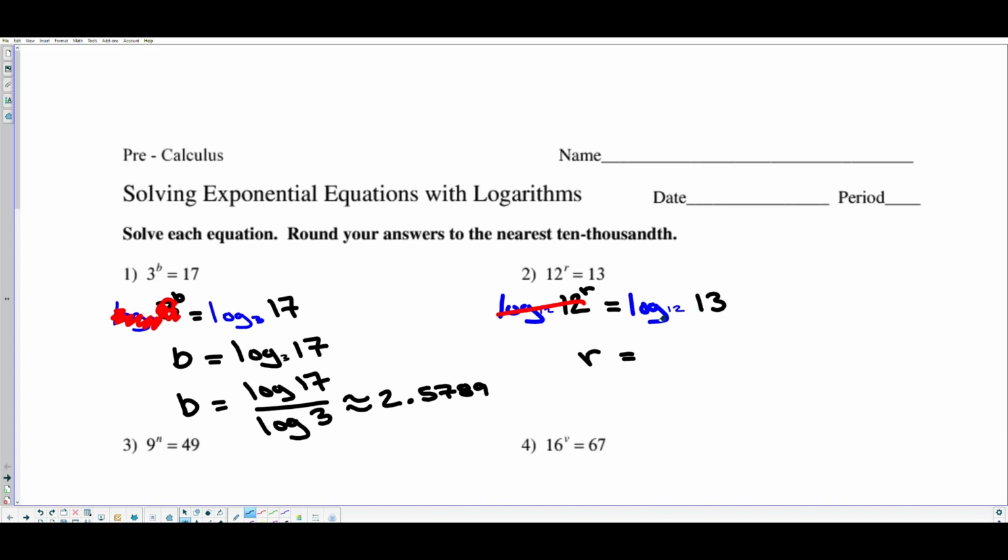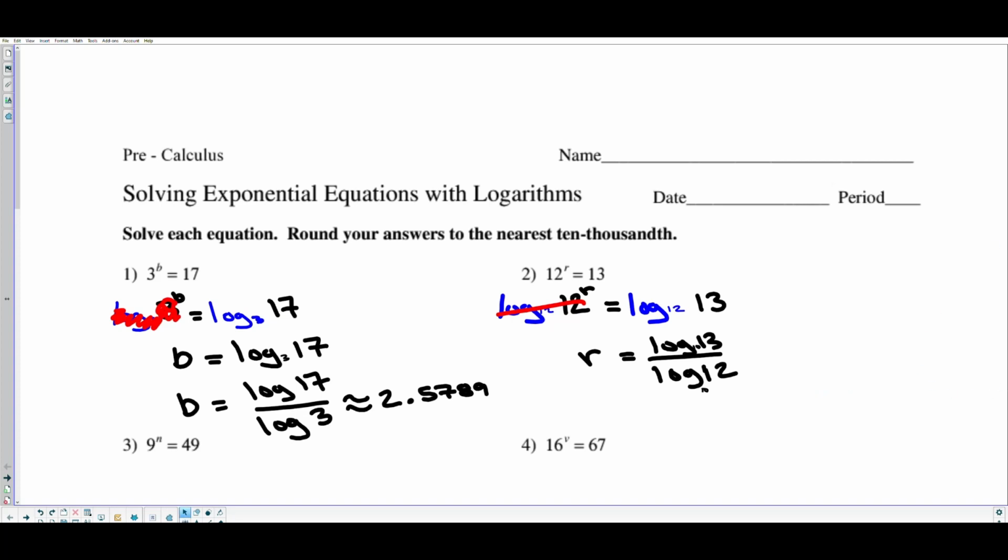log base 12 of 13, which is really log 13 over log 12. Both are base 10. You can use base e if you like, because that's all my calculator has, but I'm using base 10 for both of these. If it's base 10, you don't have to write down 10.